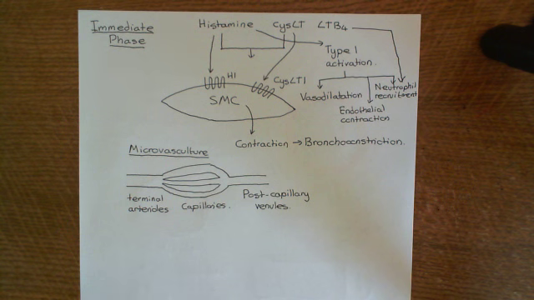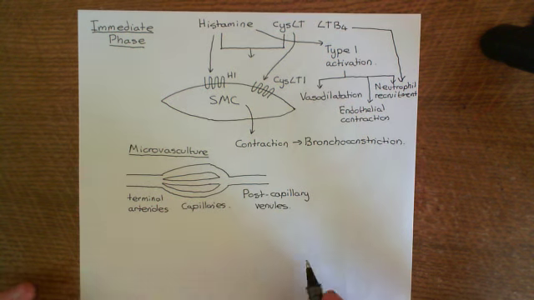Okay, so these are the two things that are going to happen. You're going to get swelling of the lamina propria because of the inflammatory response. You're also going to get contraction of the smooth muscle cell layer, leading to bronchoconstriction. So both of these things are going to narrow the airways down. Okay, and the problem with that is that it's going to impede your breathing.